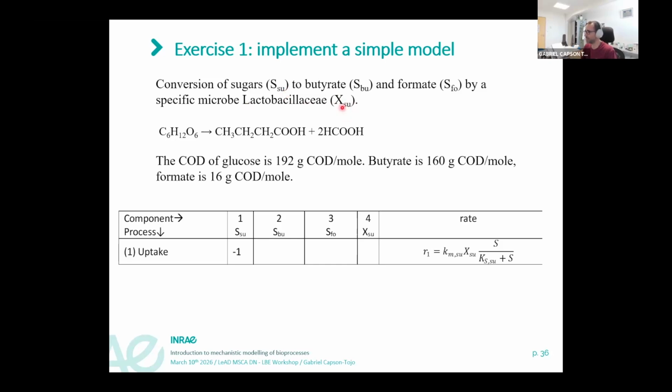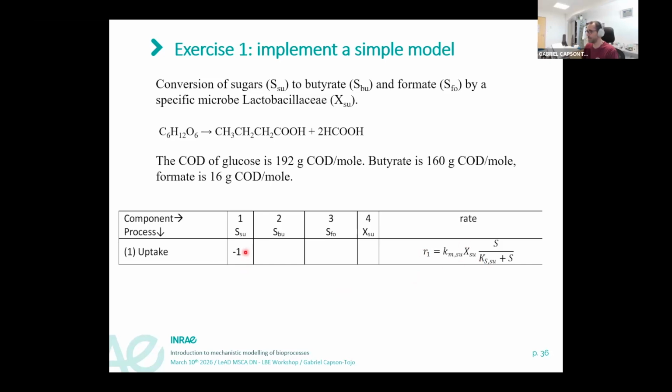If we have different biomasses, we name them according to the substrate that they consume many times. So the reaction is glucose. So 1 mole of glucose gives 1 mole of butyrate and 2 moles of formate. And these are the COD contents of these three molecules.